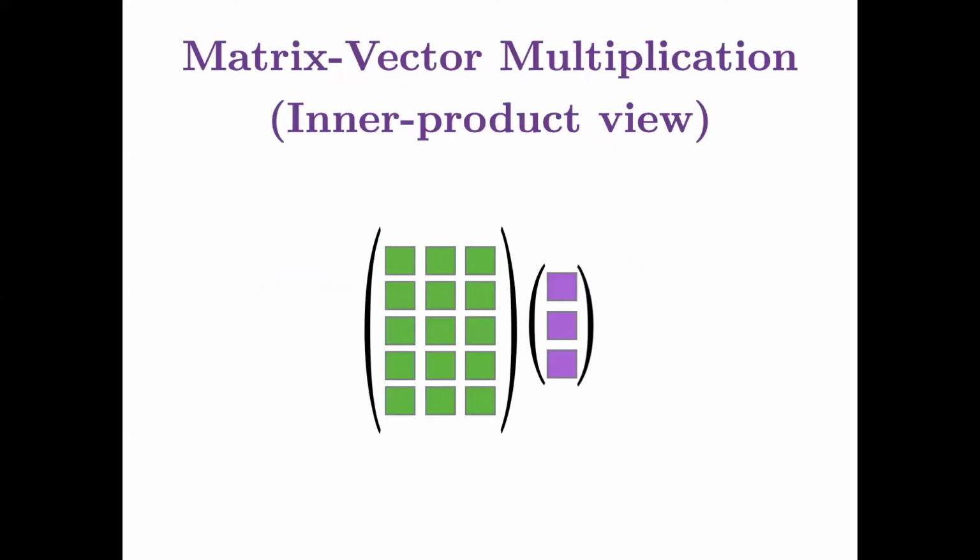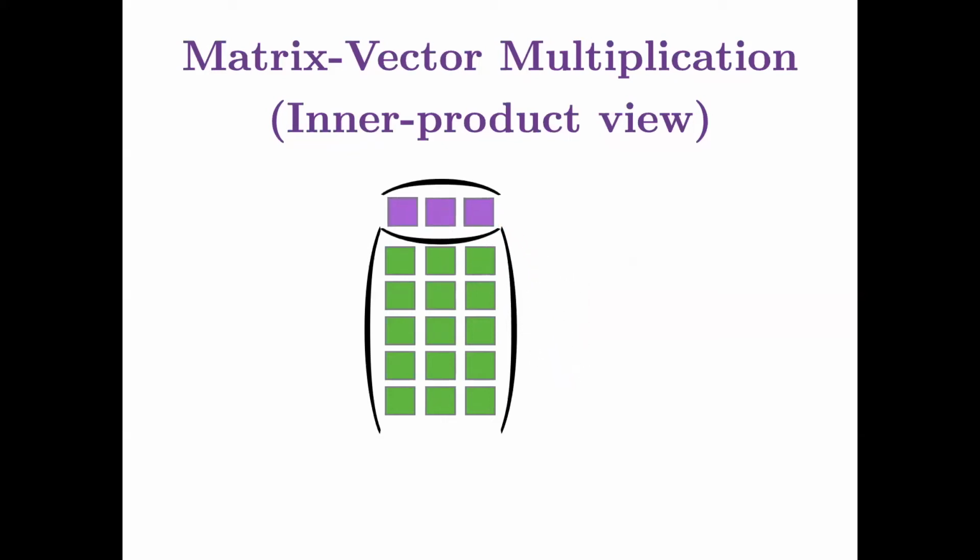Now, we can use the inner product to define matrix vector multiplication. So here I have a green matrix and a purple vector. And when I multiply this green matrix times this purple vector, what happens is that purple vector, in my view, gets picked up, put on top of the matrix, and the sizes here must match up. So I must have the same number of elements in the vector as columns in the matrix.